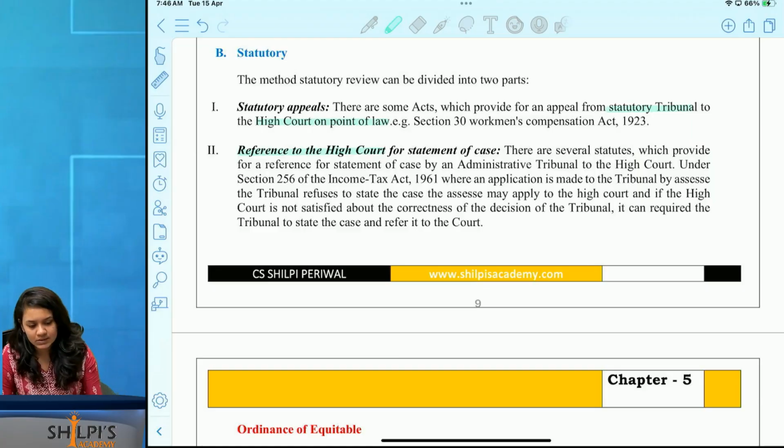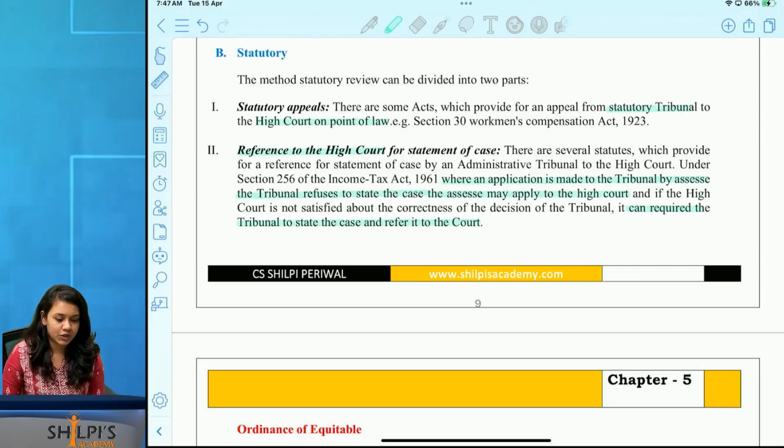Now, in some cases, especially under the Income Tax Act, where an application is made to the tribunal by the assessee and the tribunal refuses to state the case, the assessee may simply apply to the High Court, and if the High Court is not satisfied about the correctness of the decision of the tribunal, it can require the tribunal to state the case and refer it to court. So, there are cases in which the High Court itself can interfere and bring about the correct method or procedure to be applied in some cases.